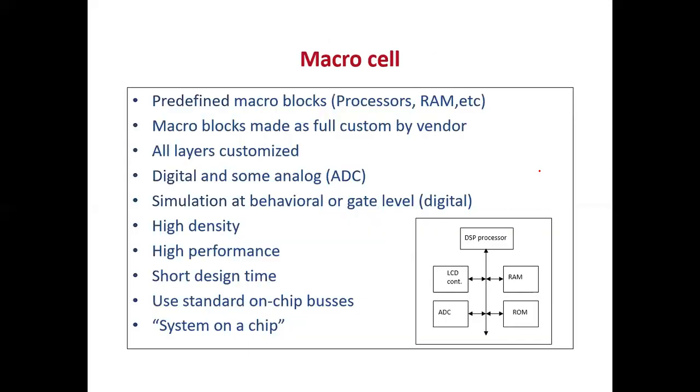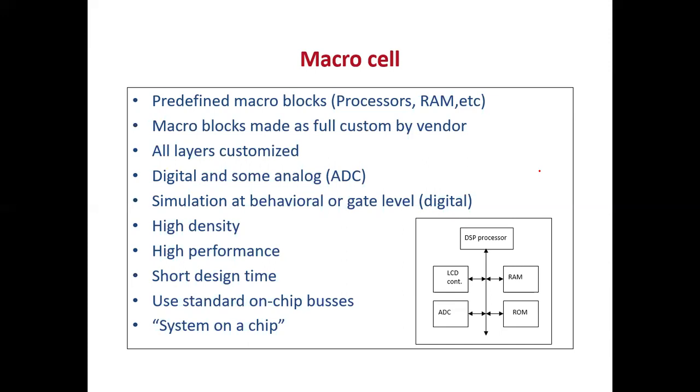Then coming to the next term, that is the macro cell. These are predefined macro blocks, like a processor, RAM, etc., inside this cell or inside the IC. Macro blocks are made as full custom by the vendor. All layers are customized. Digital and some part analog, supported by A to D converter.